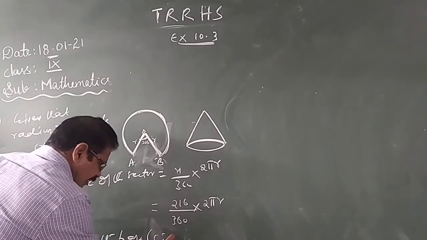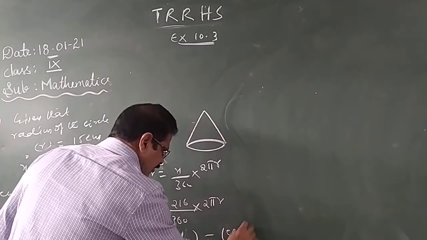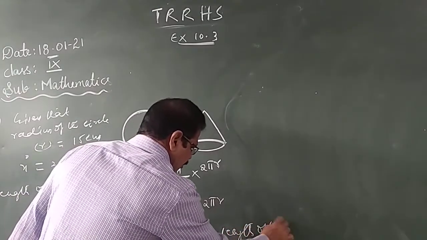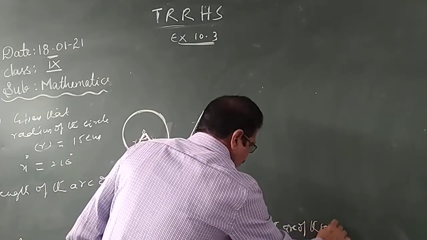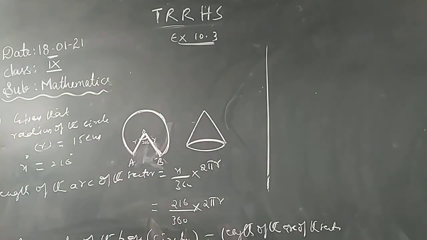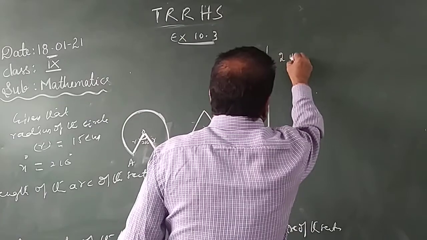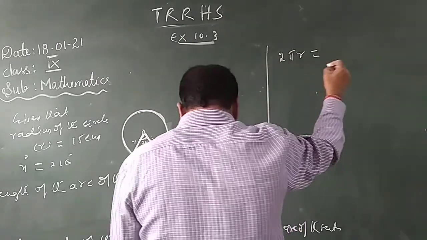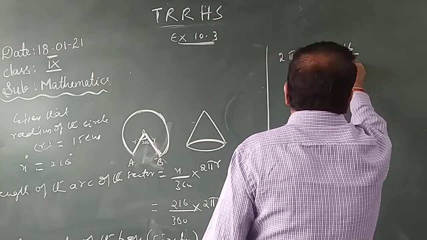Base means here circle. Perimeter of the circle is 2 pi r. 2 pi r is equal to the length of the arc of the sector. Both are equal.